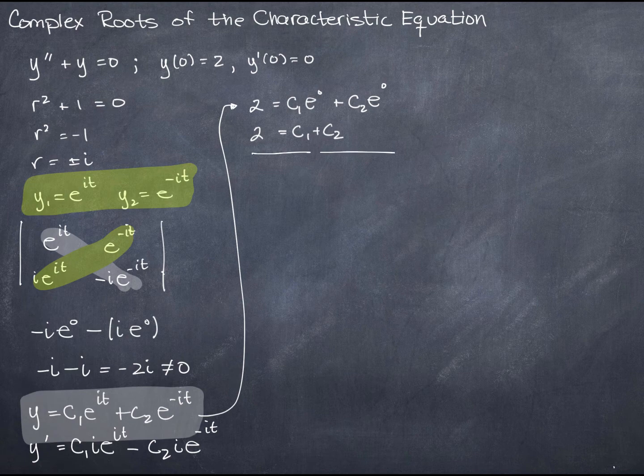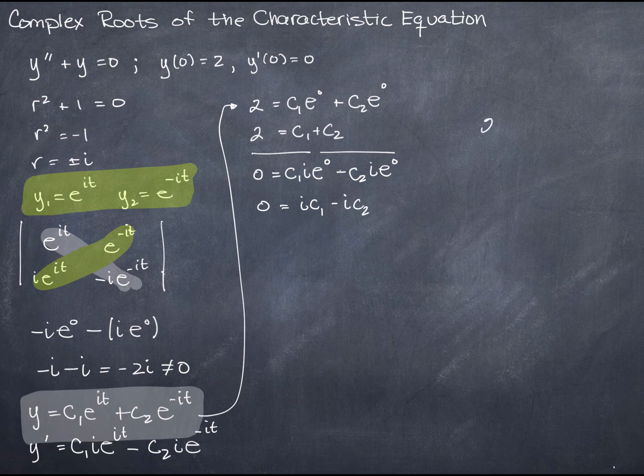That gives me y prime, which is 0, equals c1 times i times e to the i times 0 minus c2 times i times e to the i times 0. So 0 equals i times c1 minus i times c2.